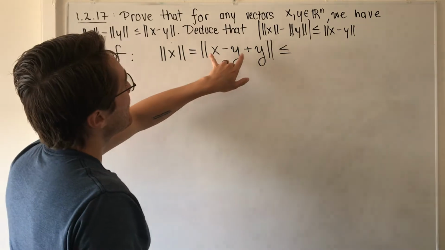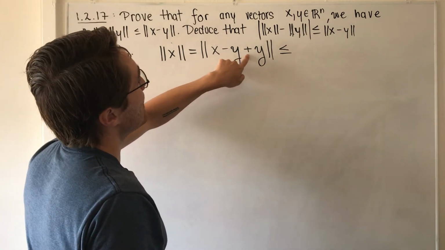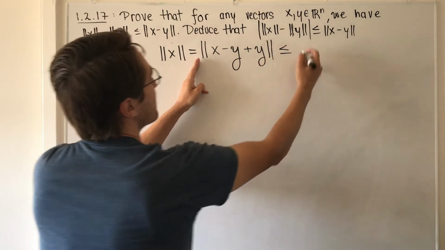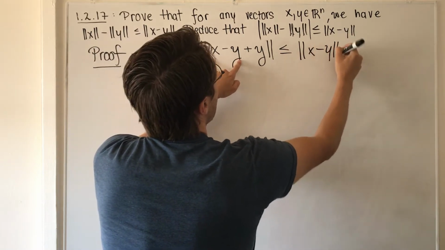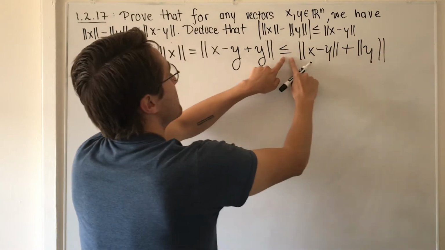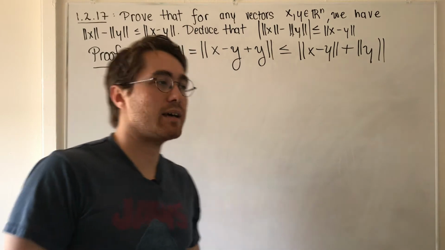So in other words, the norm of this vector plus the norm of that vector is going to be bigger than this thing. To write that down, the norm of this one plus the norm of that one is going to be bigger than this thing right here. Maybe they're equal, but at least as big as.